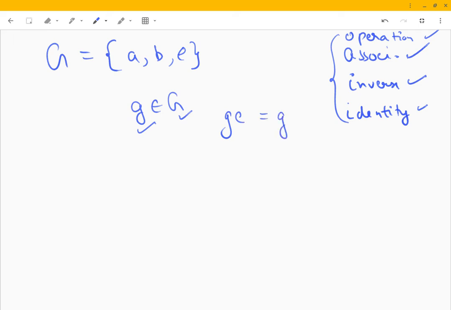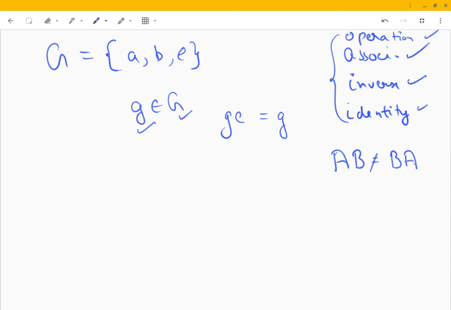Okay, and like we've studied in matrices that if there are two matrices, then AB is not necessarily equal to BA. It is not necessary.